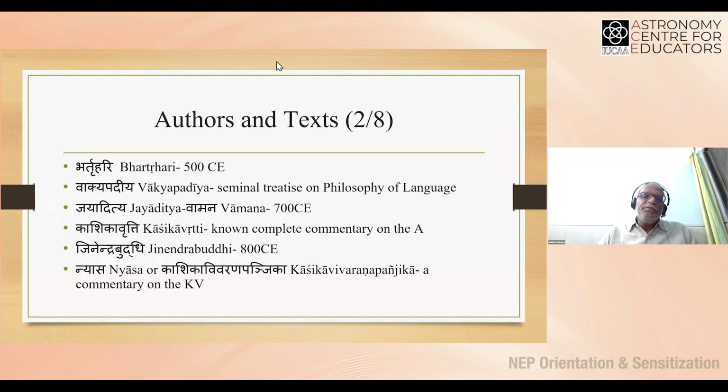Then we come to an important text called Kashika Vritti, composed by two scholars, Jayaditya and Vamana. This is the known complete commentary on the Ashtadhyayi, where each and every sutra is commented upon. The great Mahabhashya, as I said to you, comments only on 1300 sutras, and there are references to 400 more sutras.